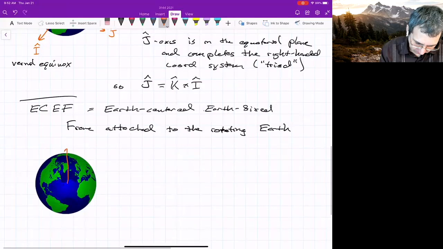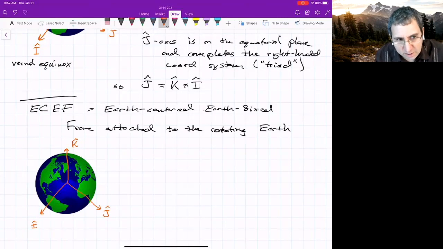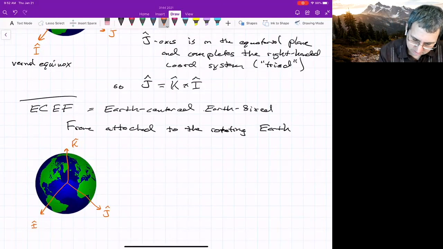I'll draw what I had before of the Earth-centered inertial frame. And we'll draw this one in. Gosh, what's a good color to contrast it? I don't know. Green? Yeah. Black? Blue? Yeah, I'm fretting about things that are not important here.